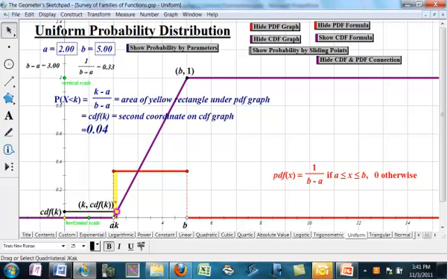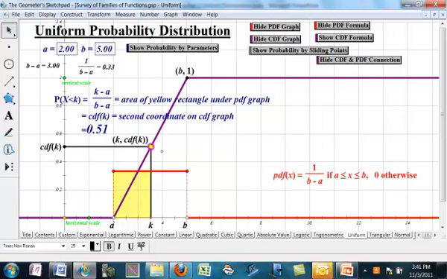I'm finding the area of this rectangle, and that's the probability, but that's also the y value on this curve, on the purple curve. So that's the rectangle underneath the red PDF curve. Okay, so it's an area under the PDF curve, but it's also a y value on the CDF curve. So this is in general for continuous distributions.